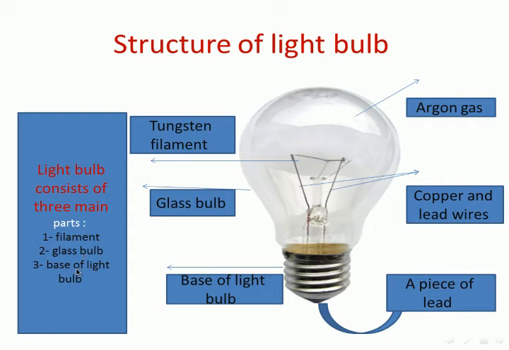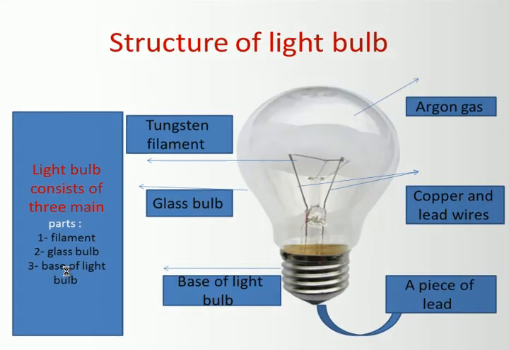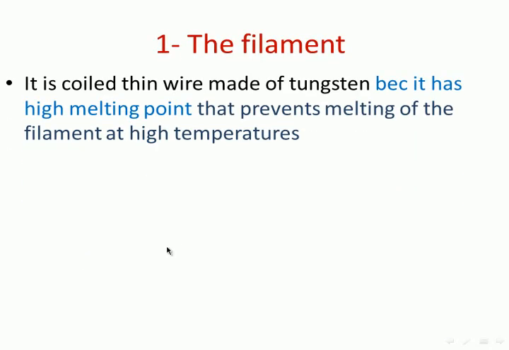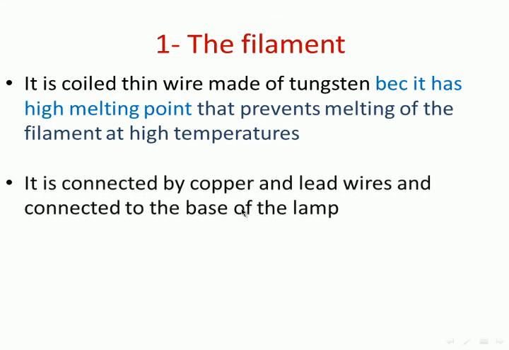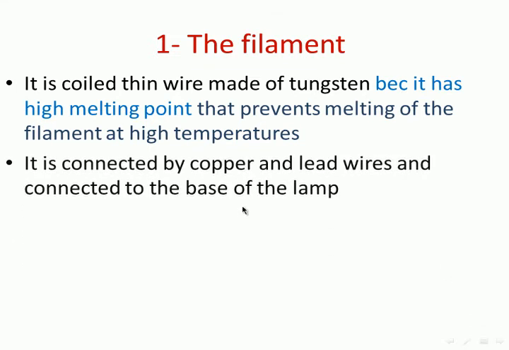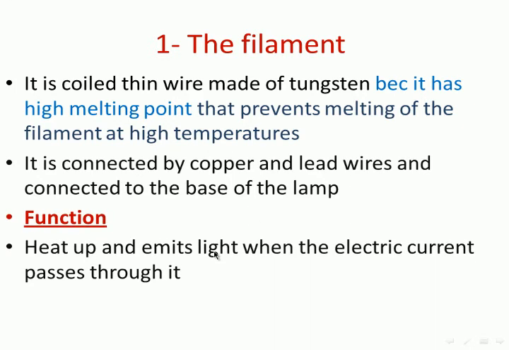The base of the light bulb is a very important part for connection; it connects the bulb with electricity. As we said, the filament is a very thin coiled wire made of tungsten because it has a high melting point, connected to the base by copper and lead wire. Its function is to heat up and emit light when electric current passes through it.